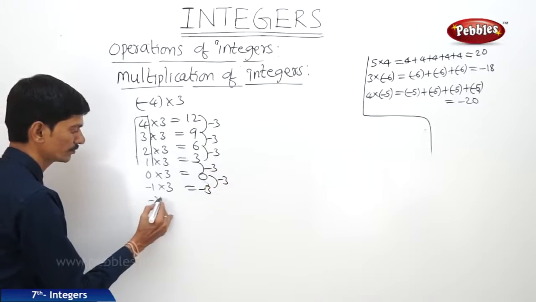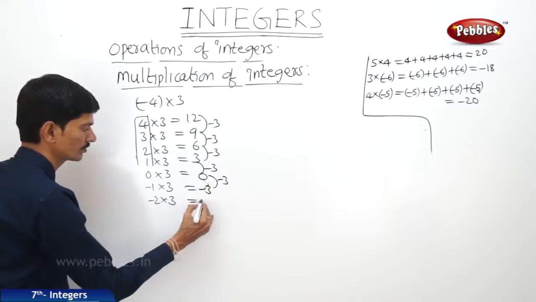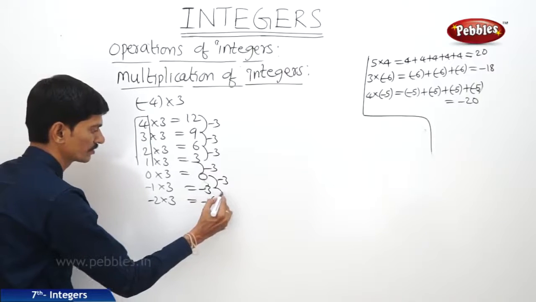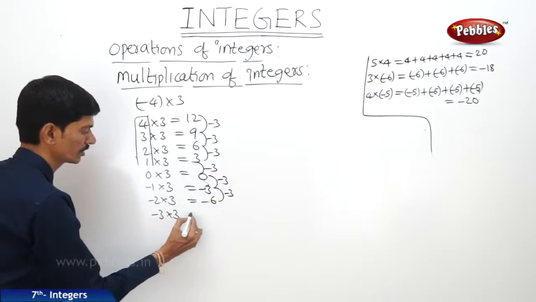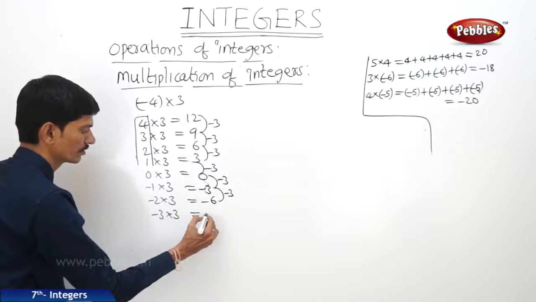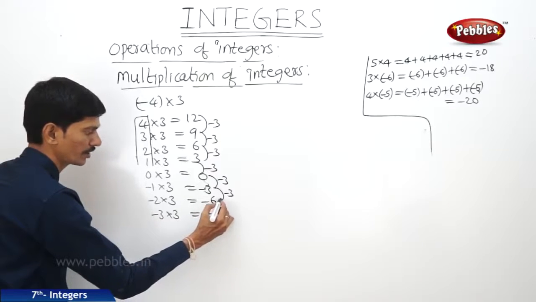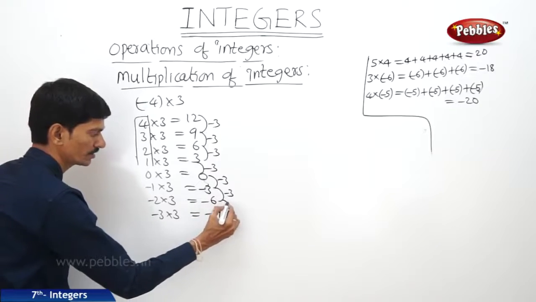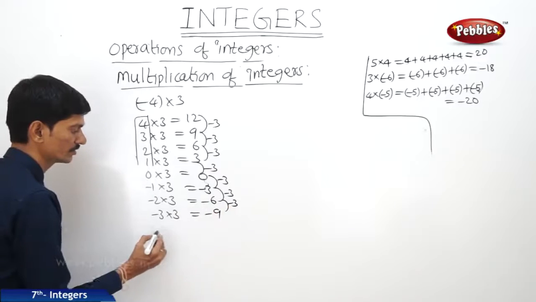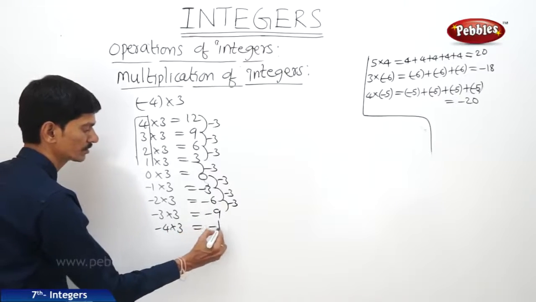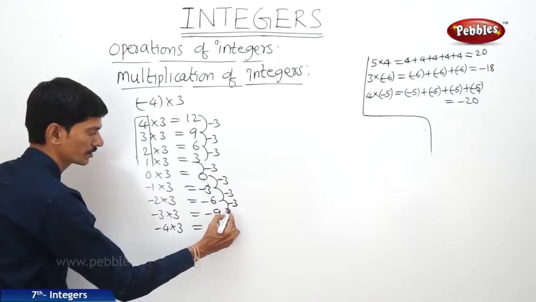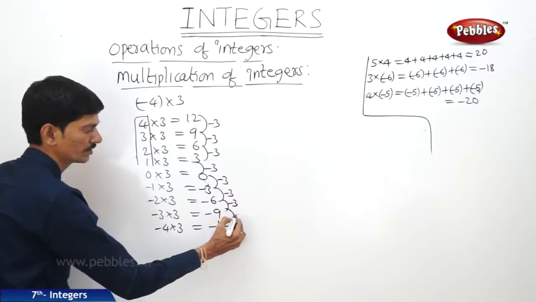So then minus 2 into 3 equals minus 6. Then minus 3 into 3 equals minus 9, because the product is decreased by 3. So minus 6 minus 3 is minus 9. Then minus 4 into 3 equals minus 12, because the product minus 9 is decreased by 3.